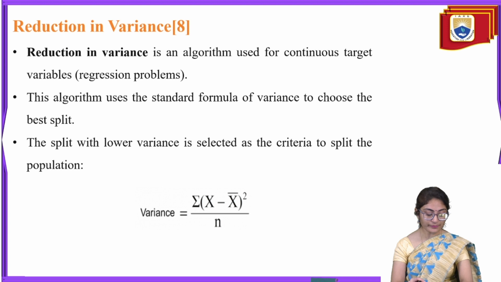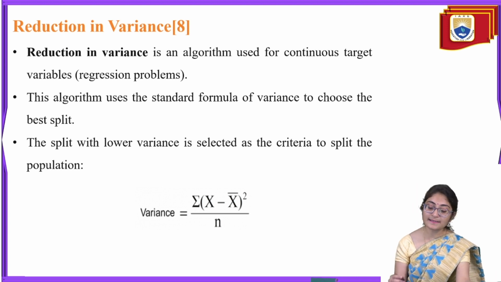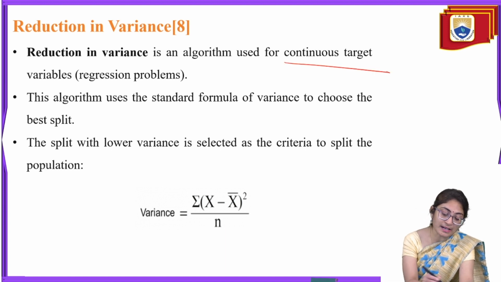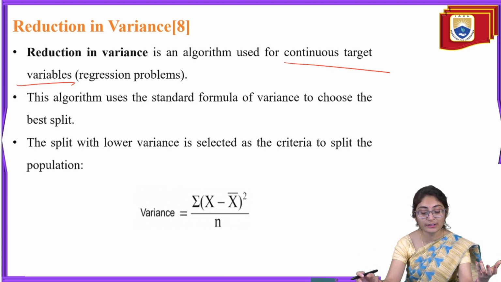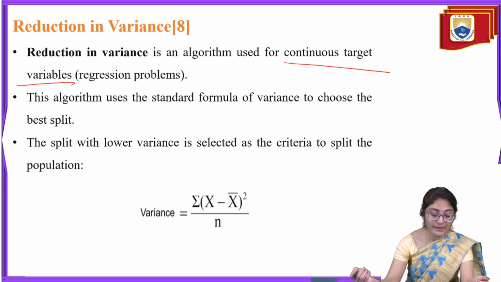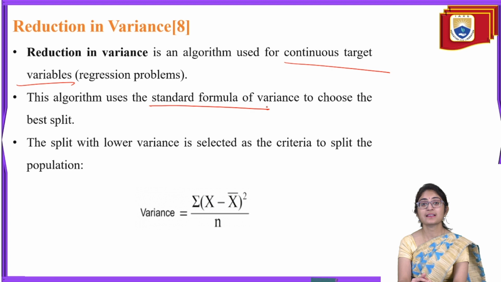Now reduction in variance. Reduction in variance is an algorithm which is used for a continuous target variable, which is showing the regression problem. It is used only for a continuous target variable, and this algorithm uses the standard formula of variance for choosing the best split.